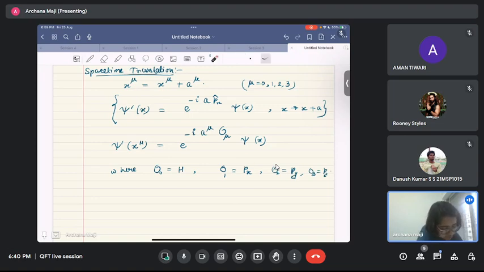And this we checked explicitly, and right now we just generalized it for space-time translation.